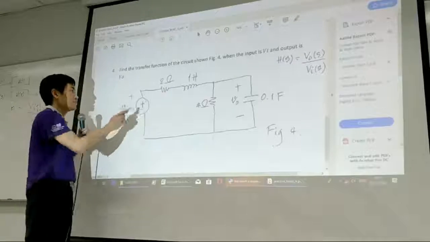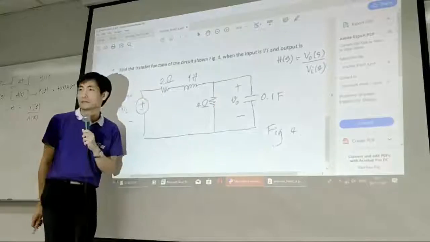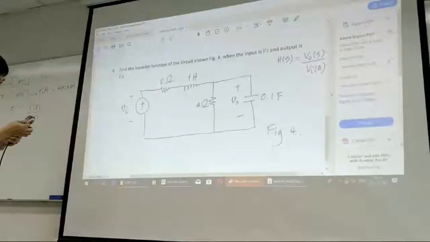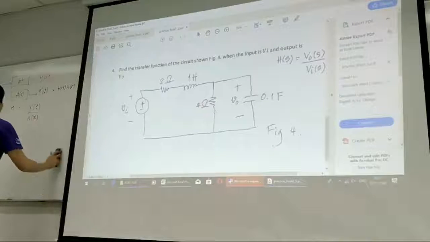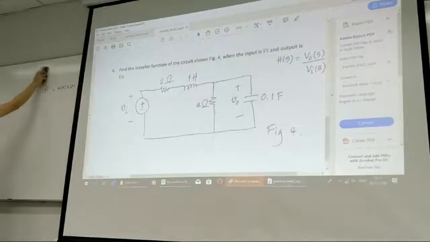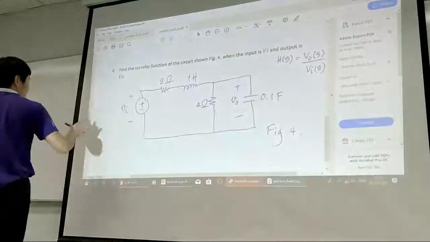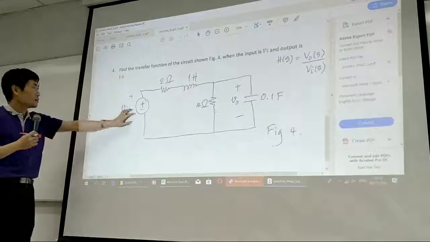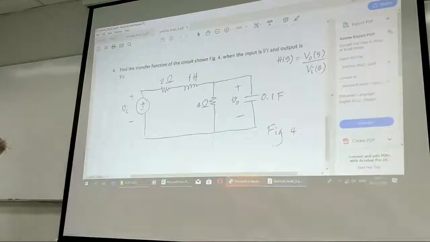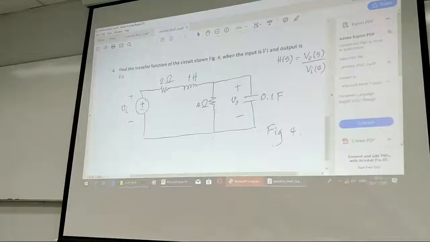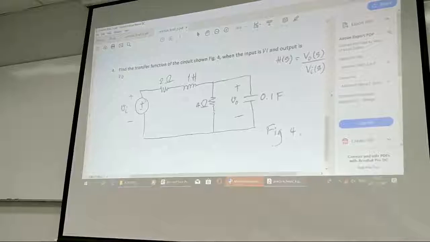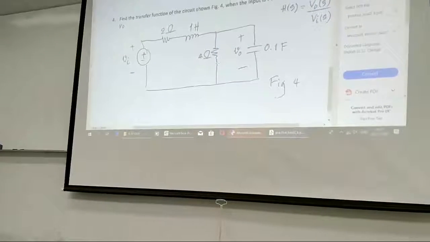So first, you have to transform every element into the S domain. You start the problem by Laplace transform. The Vi here is in time domain, so you transform it and you get Vs, the input.